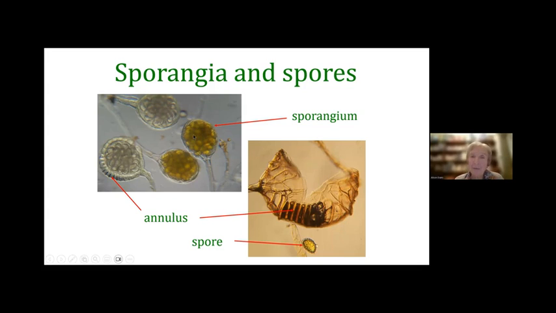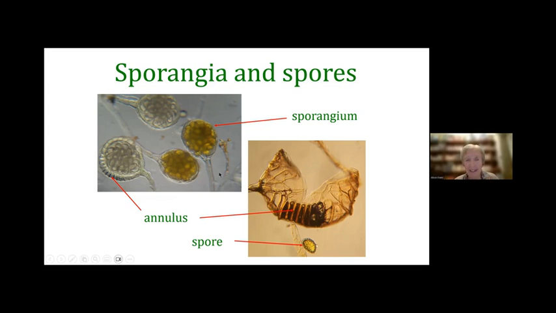The sporangium is a clever structure. It has this band of cells called the annulus on here. And when the spores are mature and the annulus starts to dry out, it contracts. It pulls back until it rips open the sporangium, and then it acts like a spring and springs forwards, throwing out the spores.